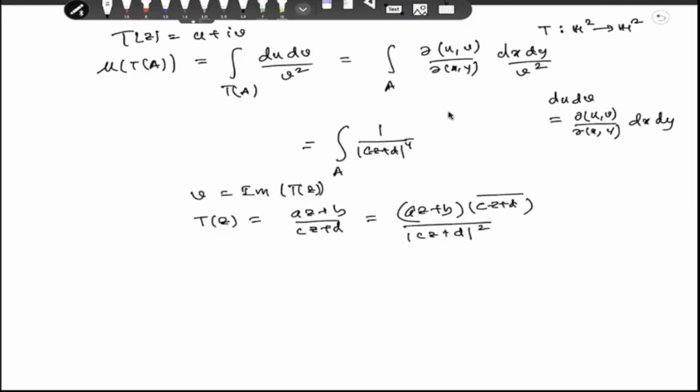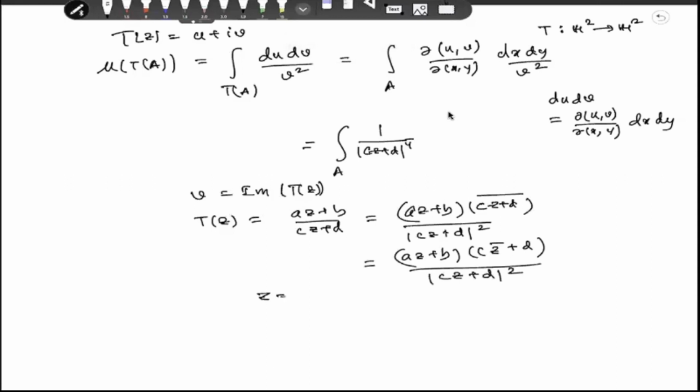So c and d are real numbers. So this is equal to az plus b multiplied by c z bar plus d, divided by mod of cz plus d squared.